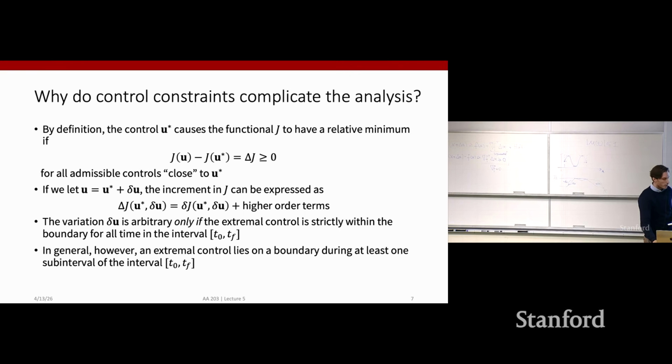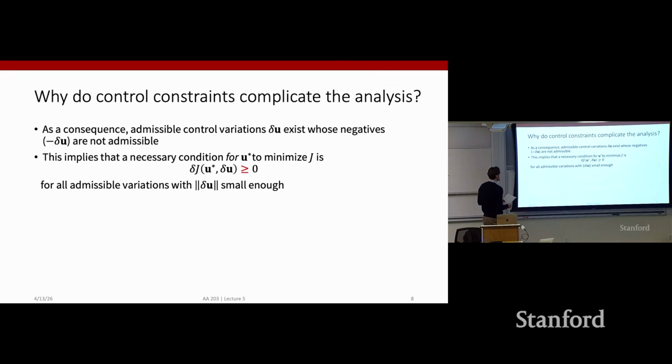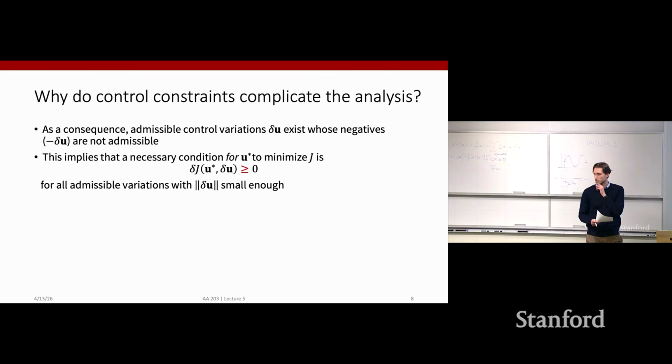And it turns out that if the optimal control lies on a boundary, then the necessary conditions, similarly to the finite dimensional case, essentially boil down to the variation delta j having to be greater or equal than 0. Any questions on how we got to this update to our conditions?